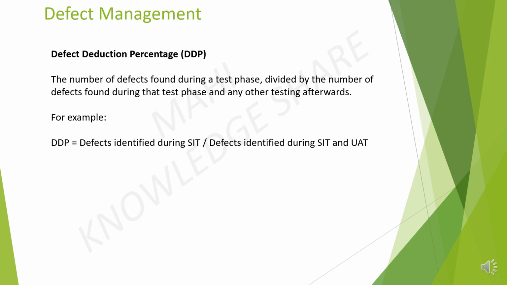It means that the efficiency of system integration testing team performance is good when the percentage is less, whereas if the percentage is higher, then the system integration testing team performance needs to be improved.